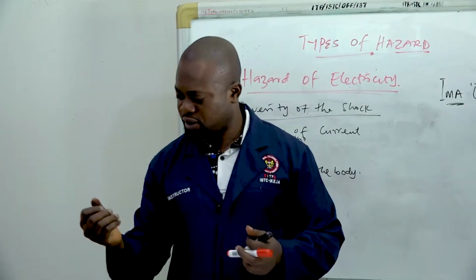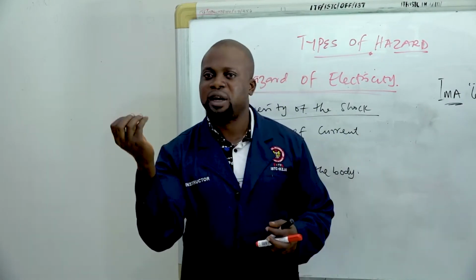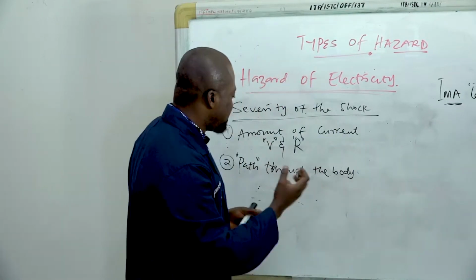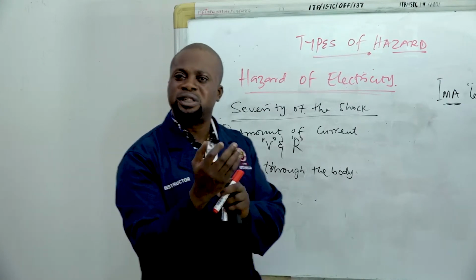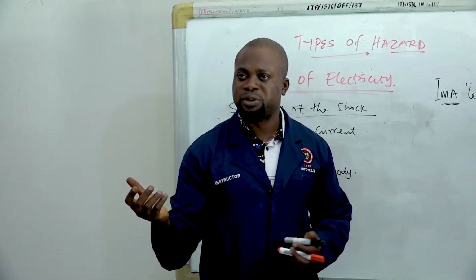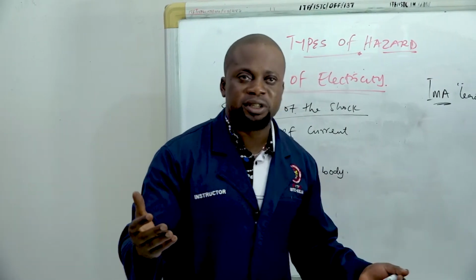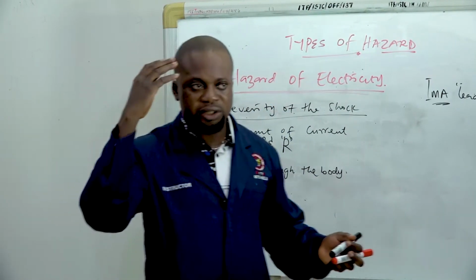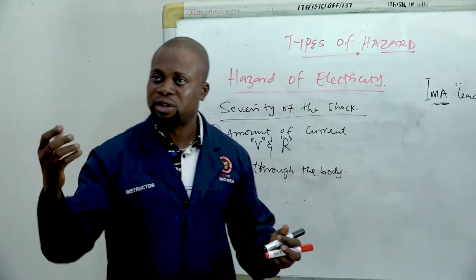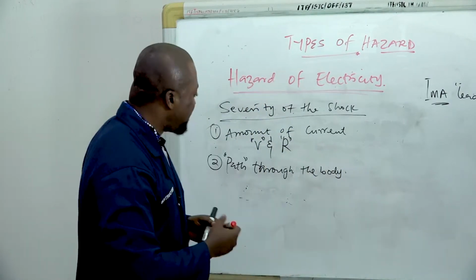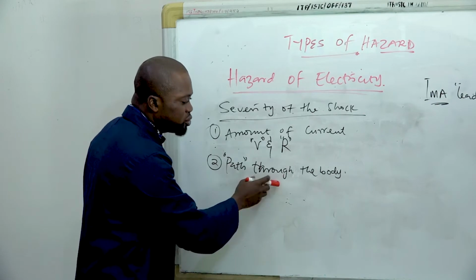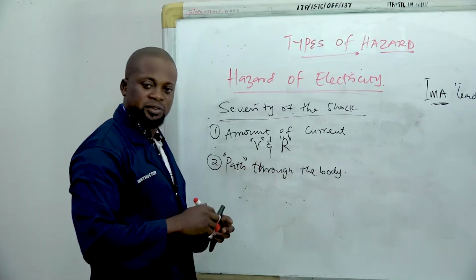Basically with our hands, when you make contact with your hand, it flows easily and faster. Sometimes, as electrical personnel, in rare cases, your head basically is a hand. So the path of flow through the body determines severity.